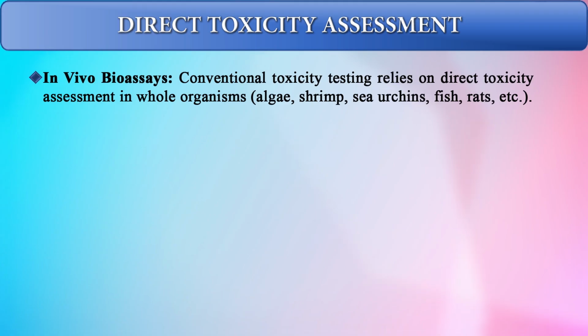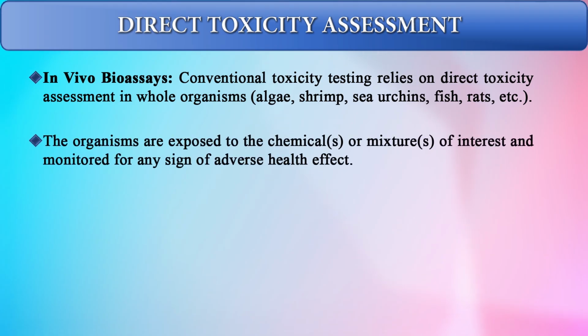The direct toxicity assessment can be done, number one, by in vivo bioassay. These are conventional toxicity tests which rely on direct toxicity assessment of whole organisms, whether it is alga, shrimp, sea urchin, fish, rat, etc. In this, the organisms are exposed to the chemical or mixture of chemicals and monitored for any sign of adverse effect.